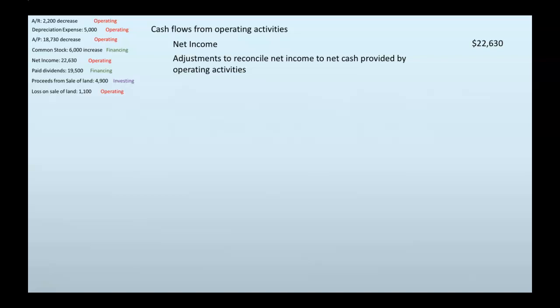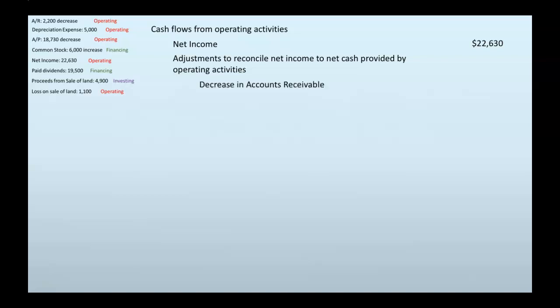Now, this could also be adjustments to reconcile net income to net cash used by operating activities. That will depend on whether our operating activities had net cash provided or net cash used at the end. Right, so these are all of the adjustments that we're making to our net income.